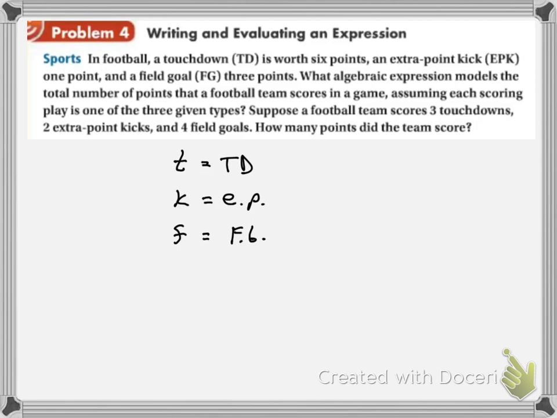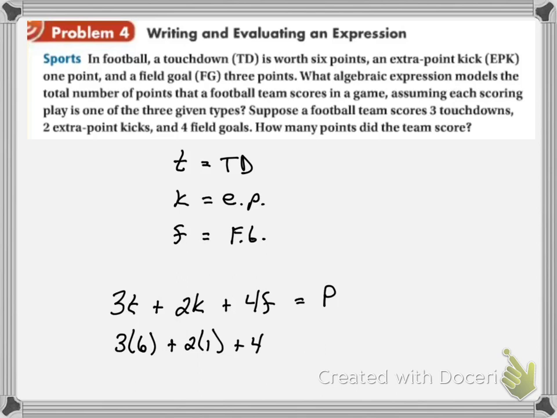If they scored 3 touchdowns, so 3T, 2 extra point kicks, so plus 2K, and 4 field goals, plus 4F, that equals total points, so we'll call that P. What you're going to do is substitute the values in for those letters. A TD is worth 6 points, so it's 3 times 6, plus 2 extra points worth 1 point each, plus 4 field goals worth 3 points each. That's going to equal your total points.